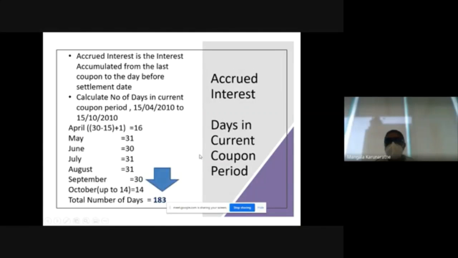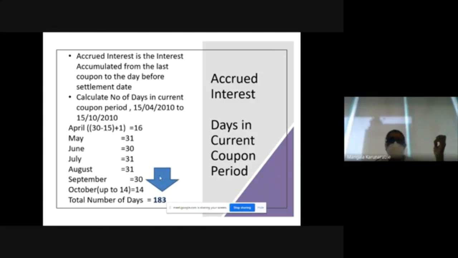And now we move on to the accrued interest calculation. So what is accrued interest? Accrued interest is the interest accumulated from the last payment to the next payment or to the settlement. We'll take this bond.